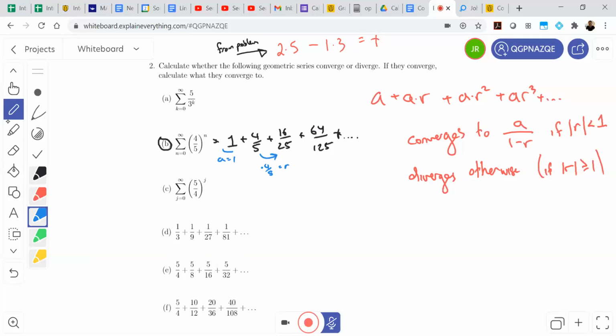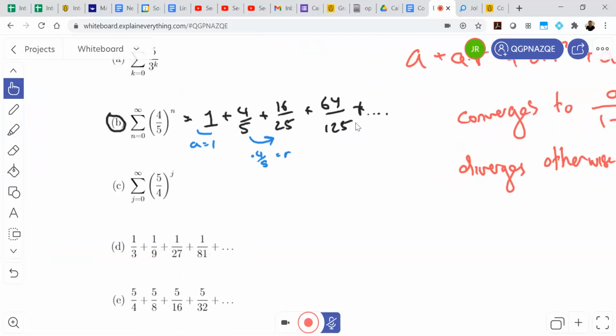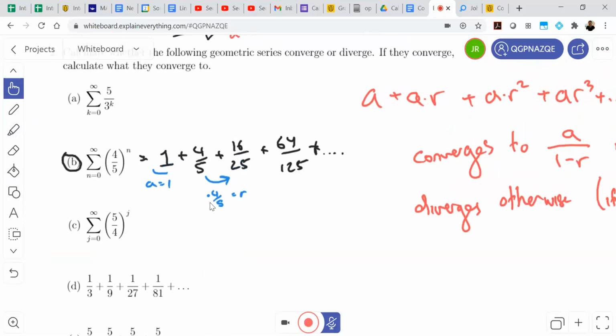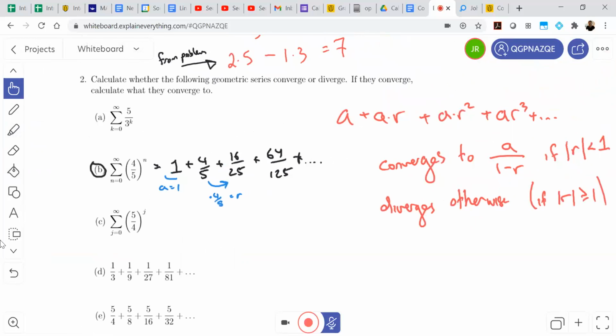So think about this. What can we conclude here based on our rule? Well, what we get is that because a is equal to 1 and r is equal to 4/5, 4/5 is smaller than the number 1. So according to our rule over here, it's going to converge.